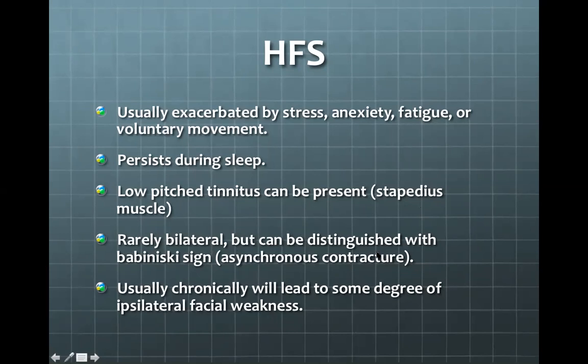And in those cases, you can distinguish it by the sign: in benign essential blepharospasm, we have the Charcot sign, as we said, where both eyelids are drawn downward and inward, while in bilateral hemifacial spasm, there is asynchronicity, where one eyelid goes down and the other eyelid goes up.